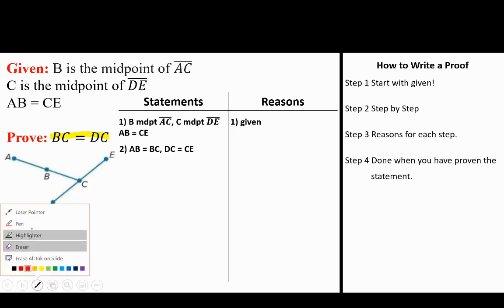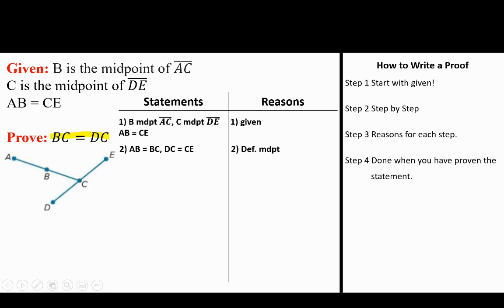Well, that is the definition of midpoint. The definition of midpoint in your packet says that a midpoint splits a segment into 2 equal lengths, and that's exactly what that's doing.